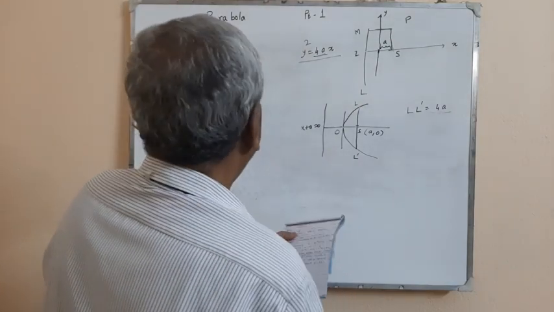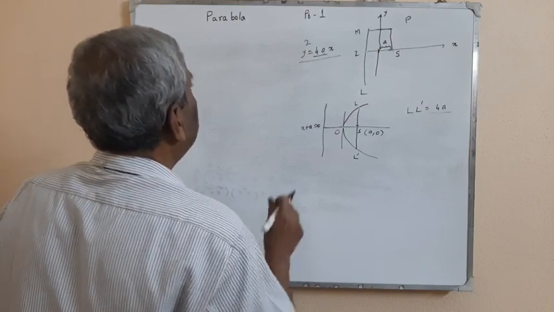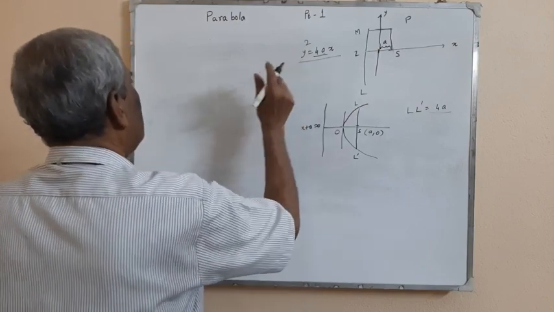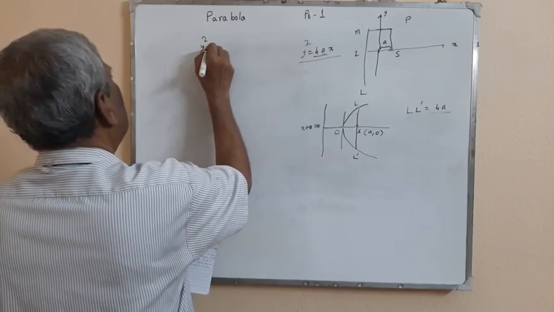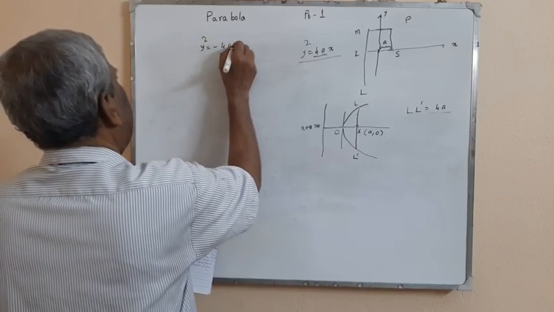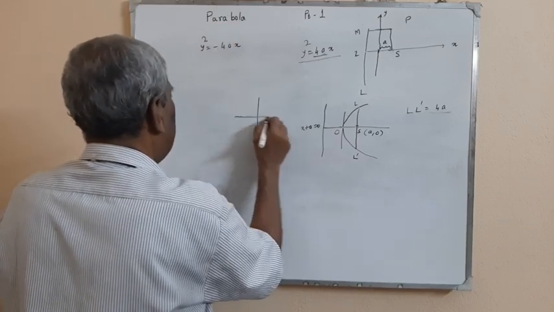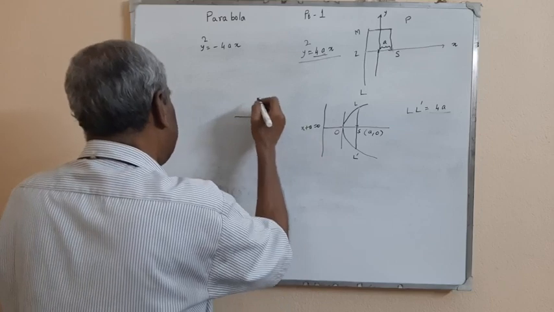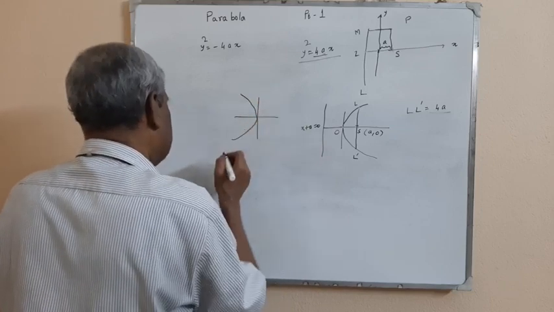Next, I discuss 4 other equations. One is y square is equal to minus 4ax. It is actually on the left-hand side of the y-axis.